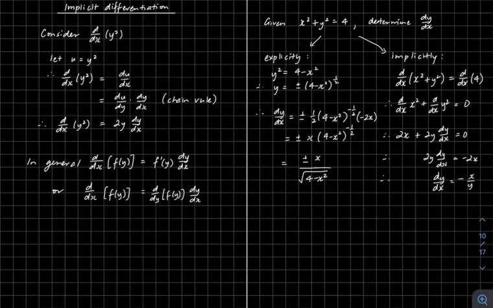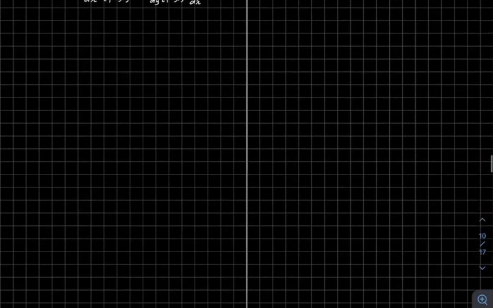So let's do maybe just one example like that. So there's one in your exercise here, and it looks something like this. It's got the expression y to the power of 5 minus x times sine y plus 3y squared equals 1.